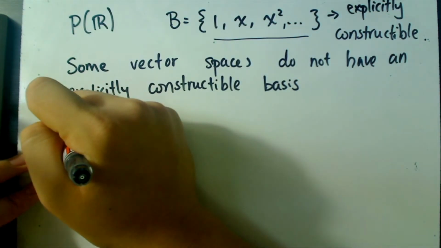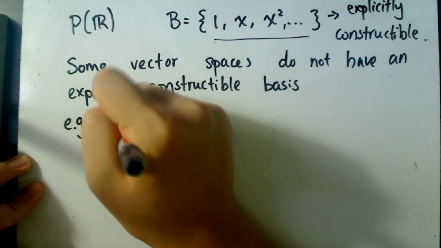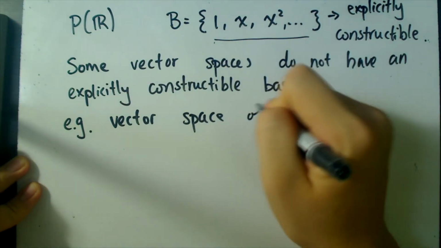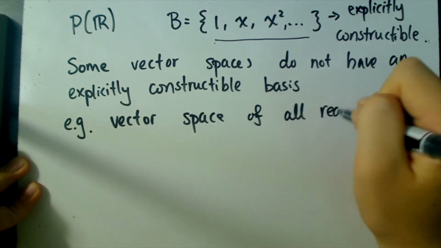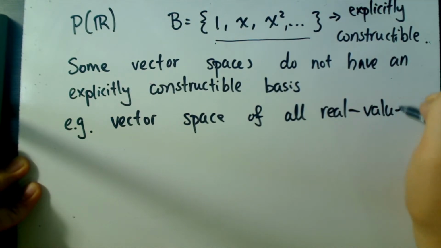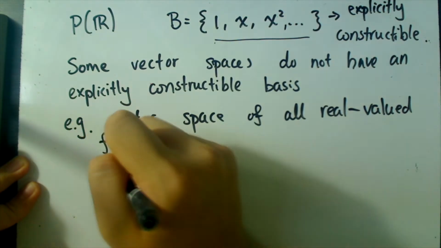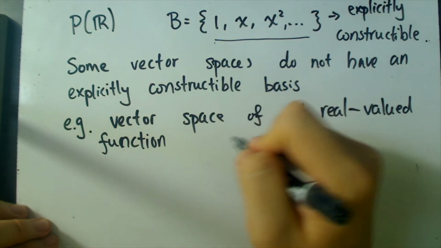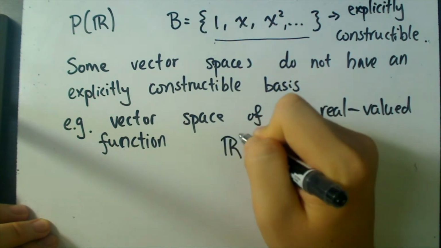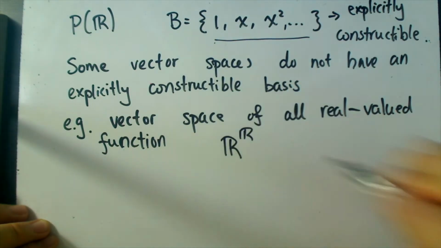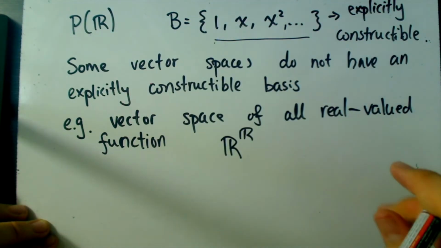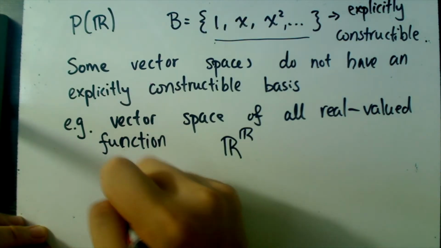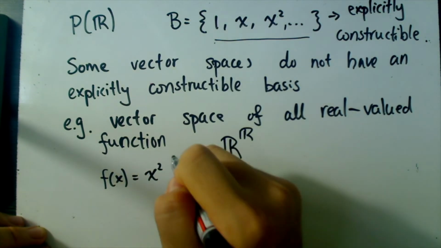And one such space is the vector space of all real valued functions, meaning a function that takes in a real number and outputs a real number. We will denote that vector space as R to the R. So an example would be the function f of x equals x squared, which would be in this space.